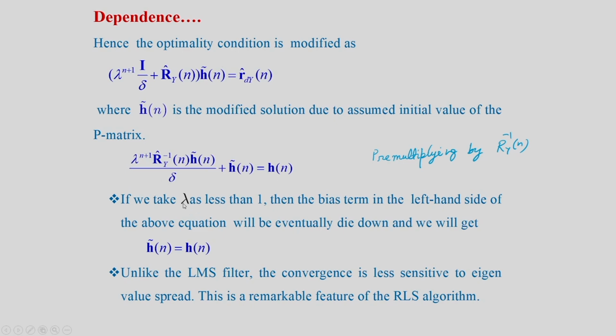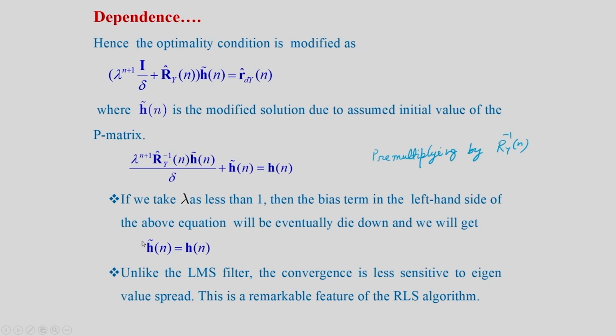Now, if we take lambda less than 1, then the bias term in the left hand side of the above equation will eventually die down. As n tends to infinity, this term will become 0 because lambda to the power n plus 1 will become 0 as n tends to infinity, and we will get H tilde n equal to H n.